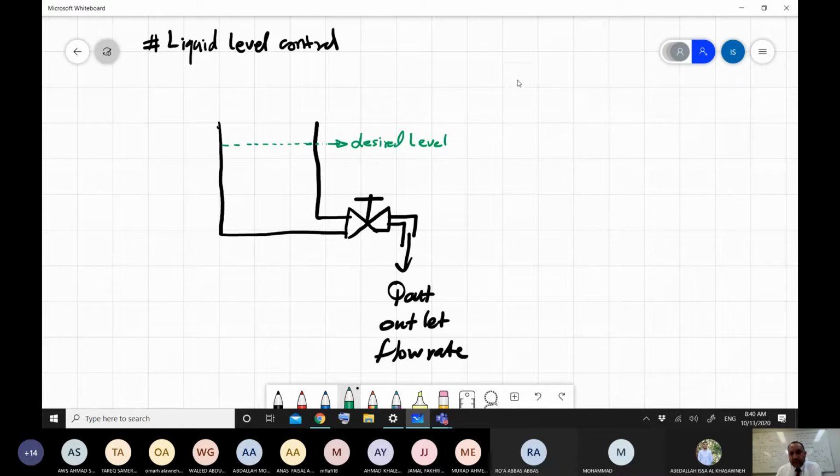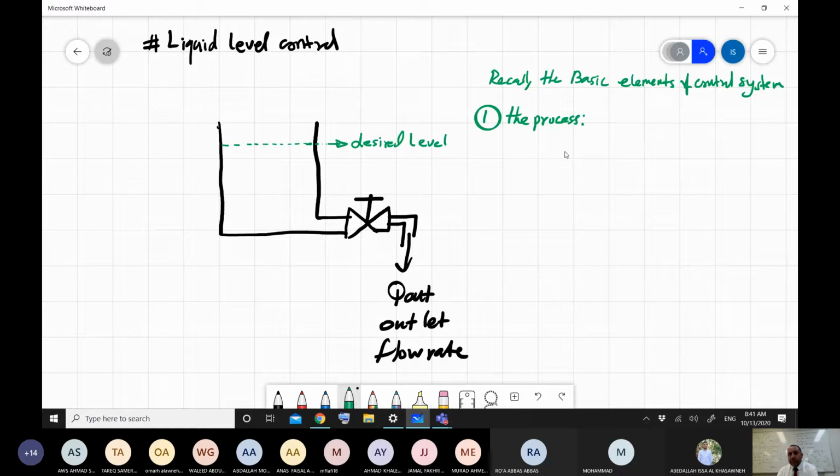So here, if we recall the basic elements of a control system, who remembers it? The first one was what? The process. So the first one is the process.